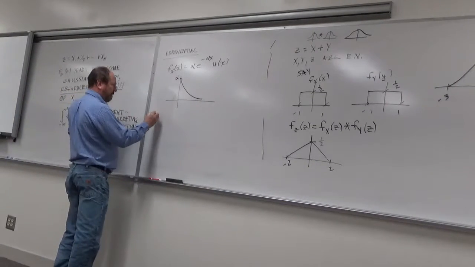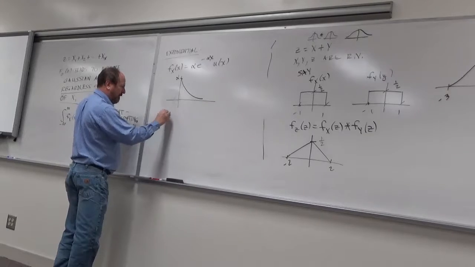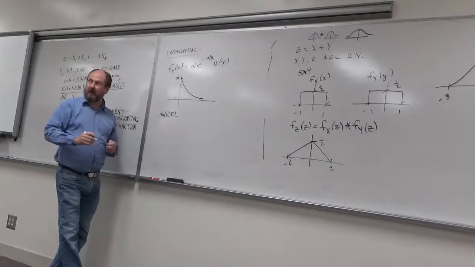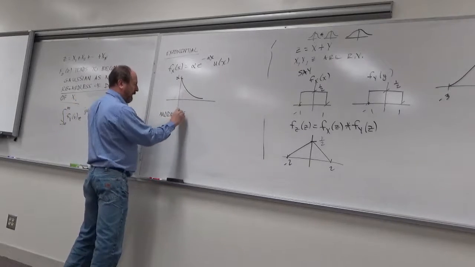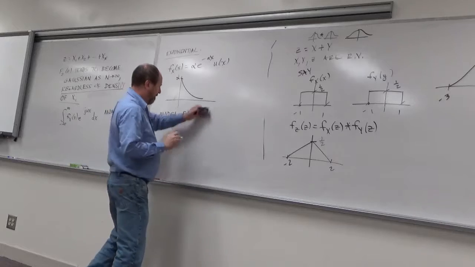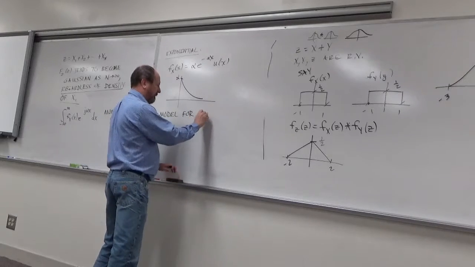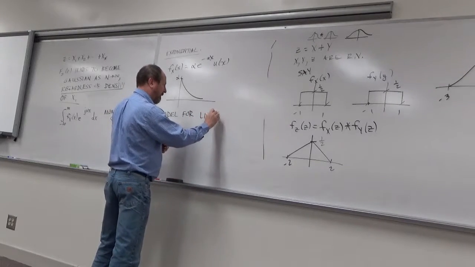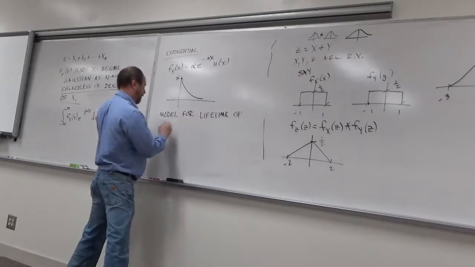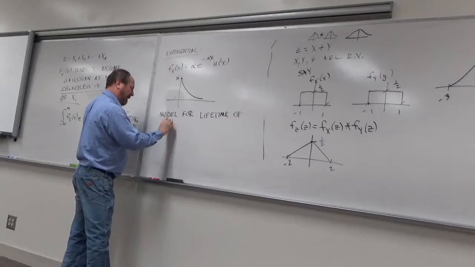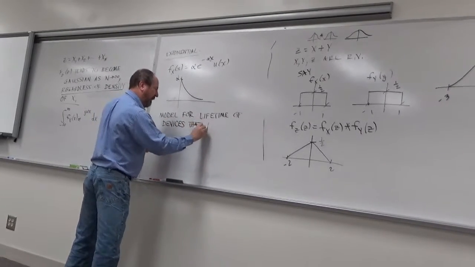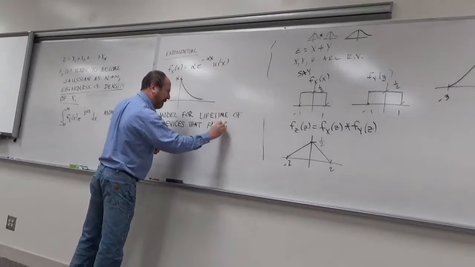Okay, so this turns out to be a very useful model for a lot of things. By it is a model, I mean it's a good model. It's useful for the lifetime of devices that fail randomly.